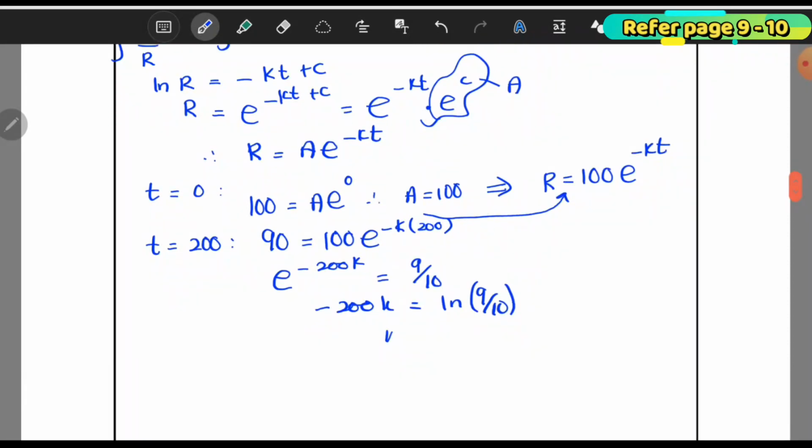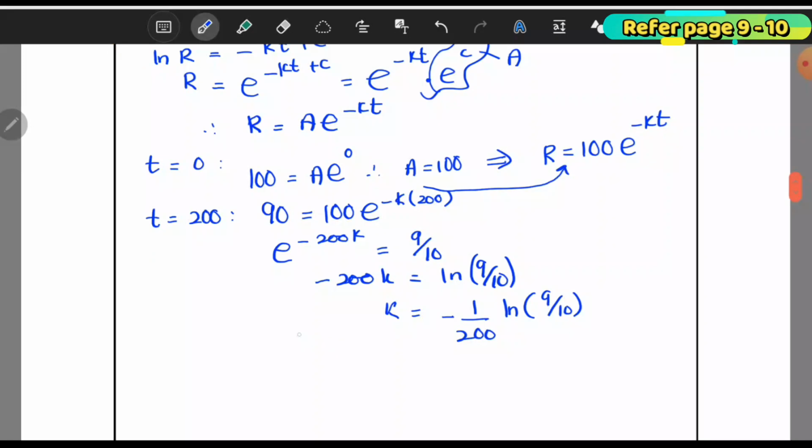Then k equal to, okay, so what is k? Negative 1 over 200 ln 9 over 10. Therefore, the equation becomes r equal to 100 exponent negative kt.